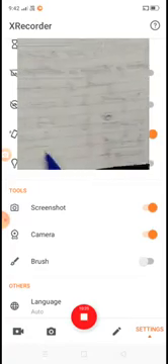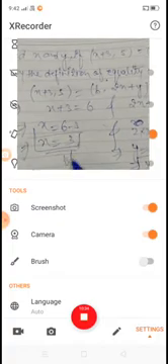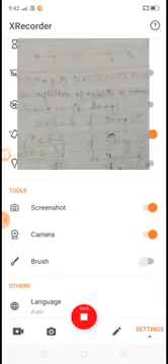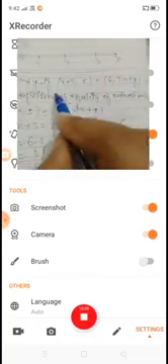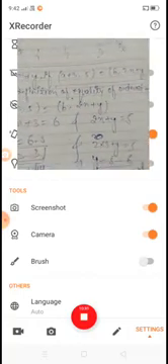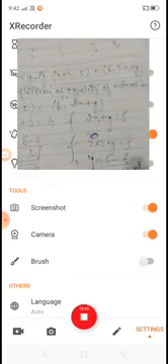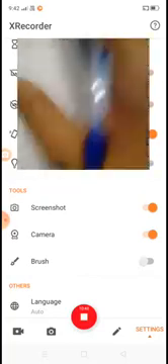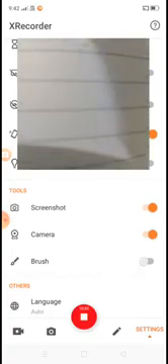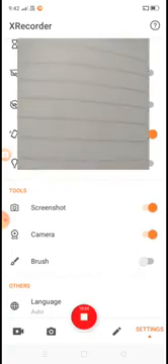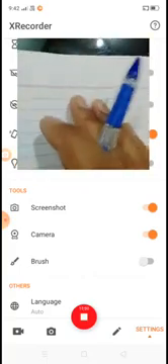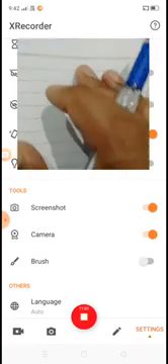This is the answer. So the value of x is 3 and the value of y is minus 1. So in this way we solve that type of questions by the concept of equality of ordered pairs. Now we take some other questions based on the Cartesian product of sets.